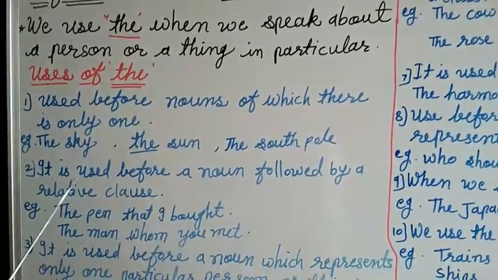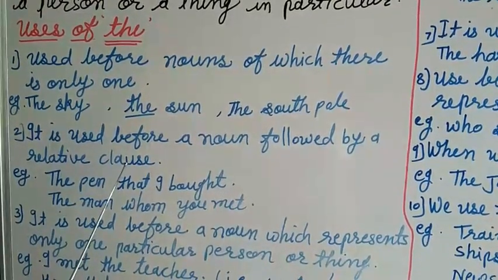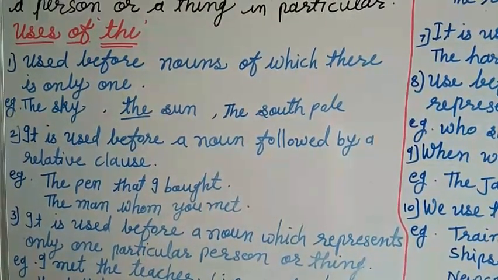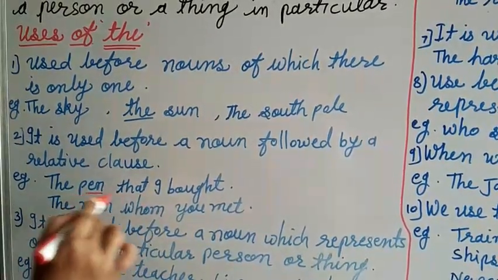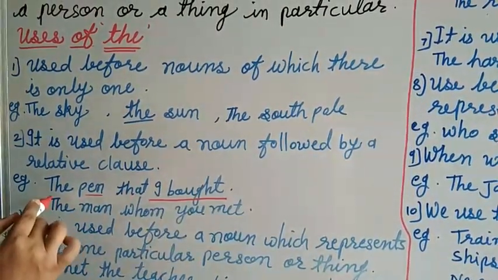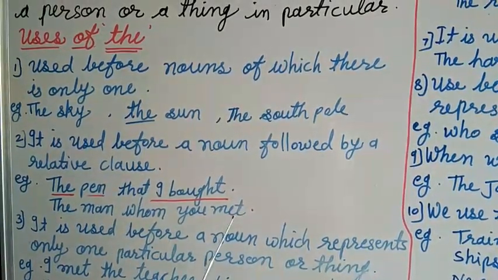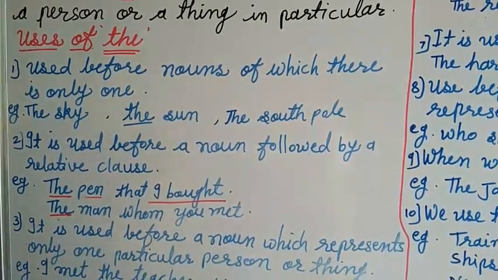Second rule, it is used before a noun followed by a relative clause. The pen that I brought. The pen is special because it is the pen that I brought, and for that "the" is used. The man whom you met. For that it is particular, specified.